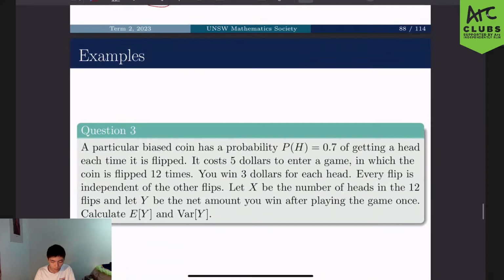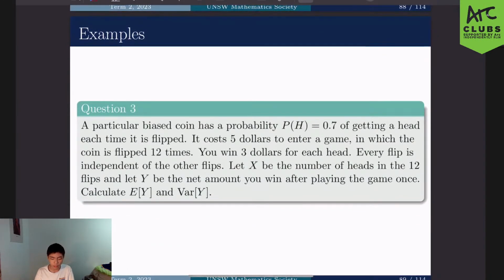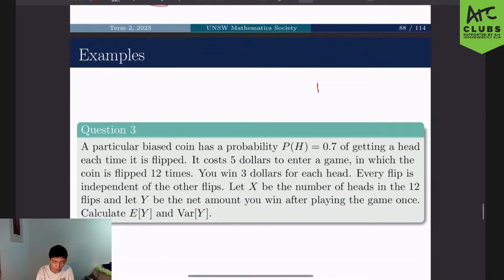Okay, if the probability of getting a head is 0.7, then we know that the probability of success is p equals 0.7, and the probability of failure is q equals 1 minus p equals 0.3. Great. What we are looking for is the expected value of the net amount. Note that you have to pay $5 each time to enter the game, right?